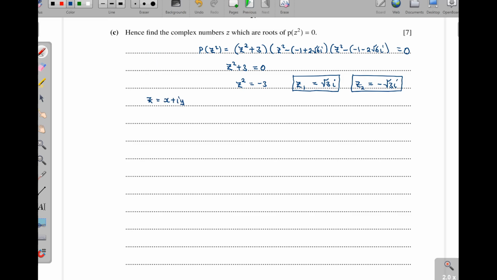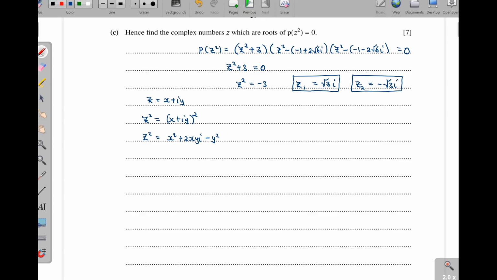Now next, we are having z as this one here. What will be z squared? Because it is a complex number, z squared is going to be, you square this one here. We shall get x squared plus 2xyi, then minus y squared. Are we there?